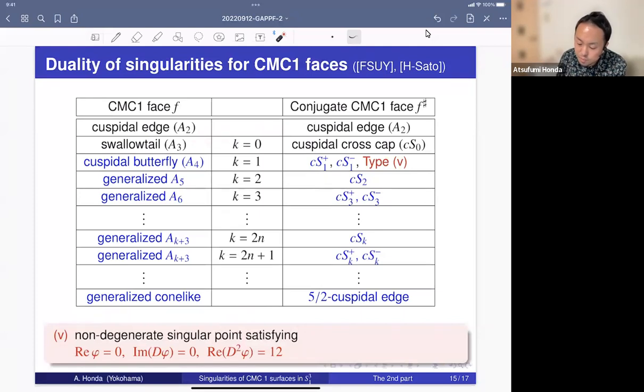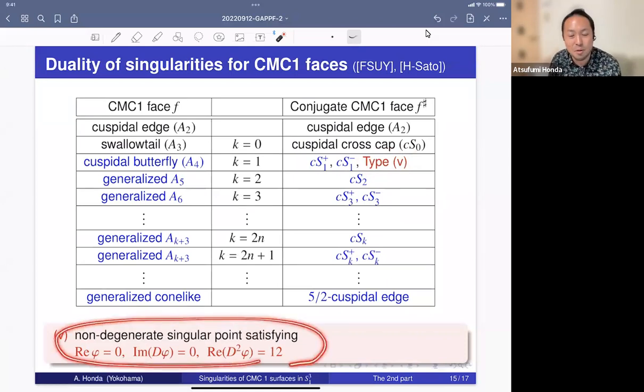And also, for such singularities, the conjugate maxface must have A4. So such a phenomenon does not occur in the case of maxfaces. In particular, maxfaces do not admit CS1 plus, but CMC-1 faces do admit CS1 plus.